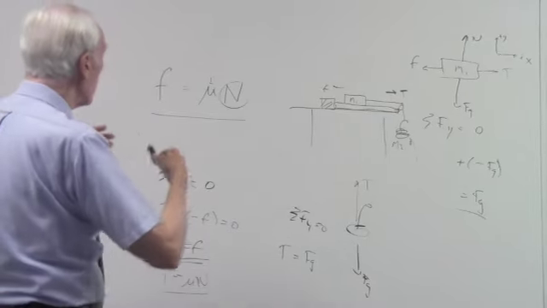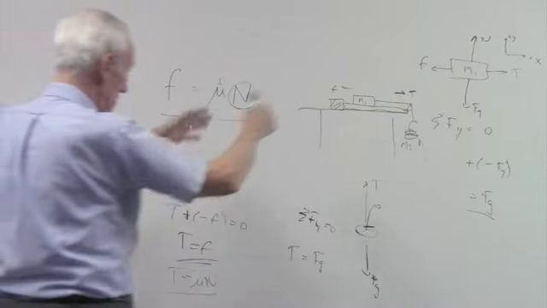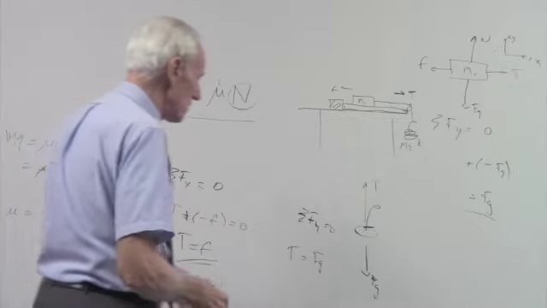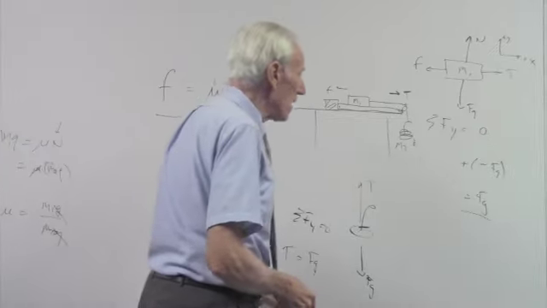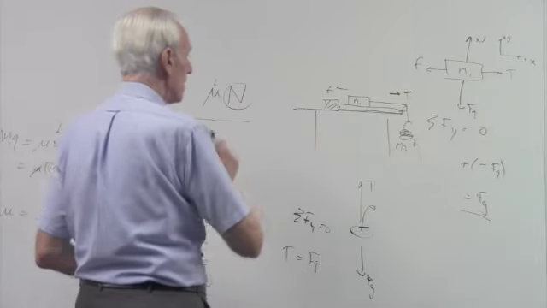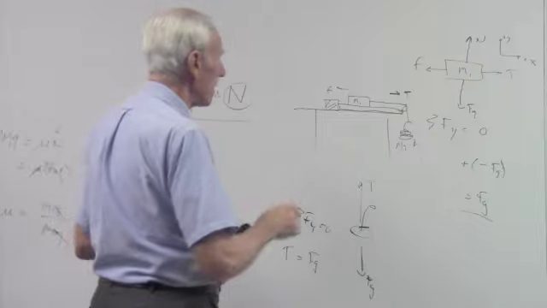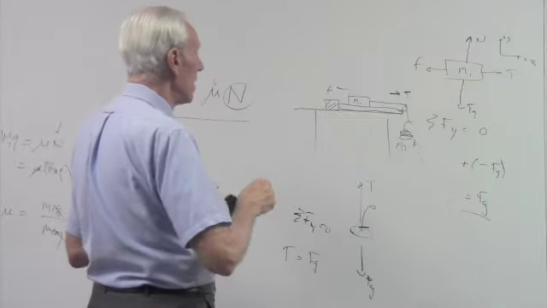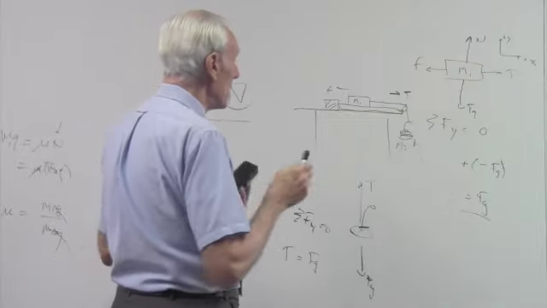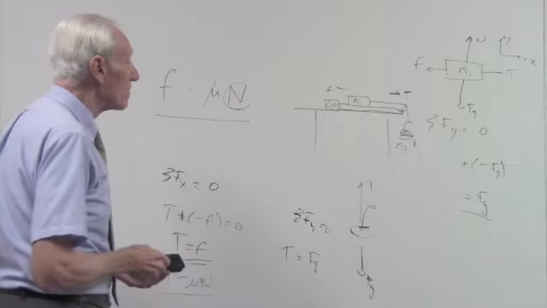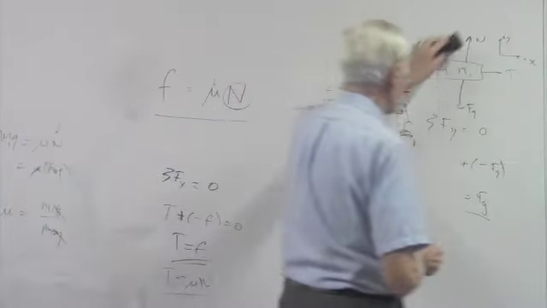You can almost see it without doing all this analysis, but it's nice to get in the habit of doing that analysis. Okay, again, keep in mind how fast you move that across the table at a more or less constant speed, at whatever that speed is, and then we're going to do this again and figure out the coefficient of friction a different way. So let's look at that.